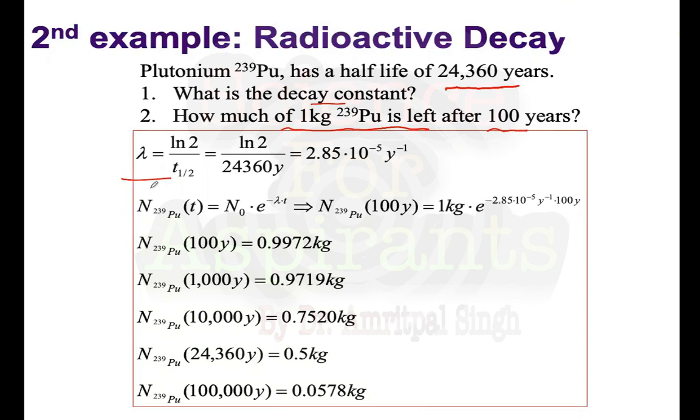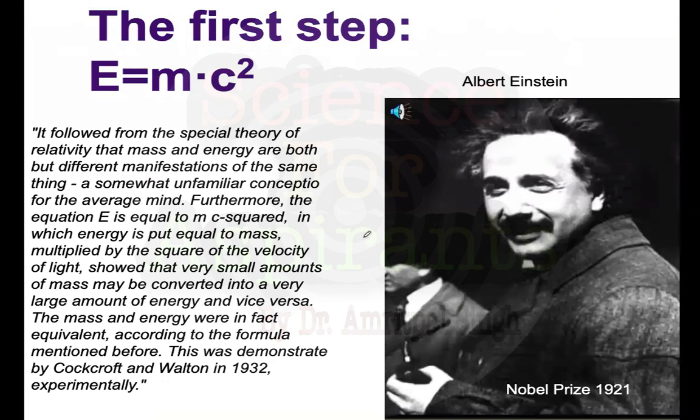From that, you can calculate using this equation, where T is given as 100 years, the decay constant we have calculated, N is the value that we can find out, and N naught is the initial value, which is given as 1 kg. So we can find out the number of particles after 100 years, and that comes out to be equal to 0.9972.